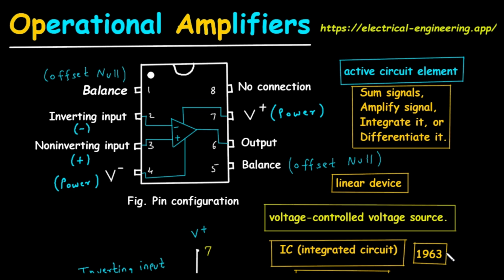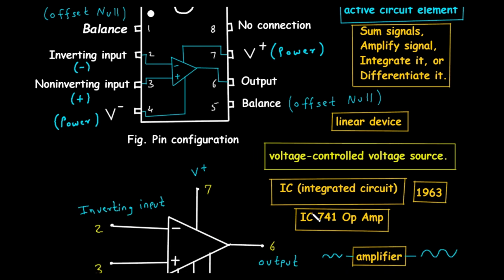The first monolithic IC OpAmp appeared around 1963, and one of the most famous and widely used OpAmps of all time is the IC741, which the pinout we are about to see is based on.